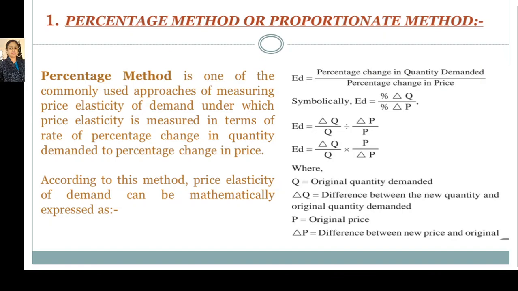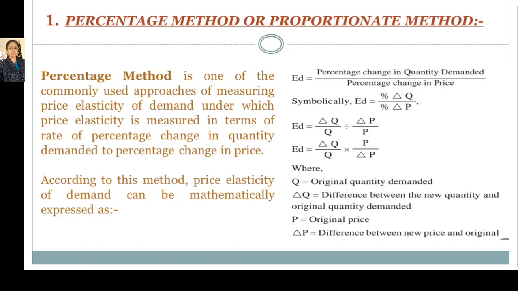Now, the percentage method simply measures the price elasticity or the degree of responsiveness of quantity demanded due to the change in price by measuring the ratio of percentage change in quantity demanded divided by percentage change in price. Now, symbolically, ED equals percentage change, which is shown with the help of delta, in quantity divided by percentage change in price.